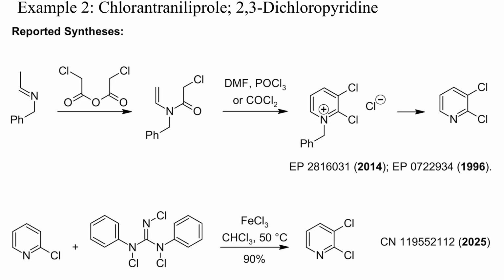Finally, the best synthesis would be the direct regioselective chlorination of 2-chloropyridine. One recent patent claimed this to be possible with trichloroisocyanuric acid and iron trichloride as chlorinating reagents. Usually, however, chlorination of 2-chloropyridine yields 2,6-dichloropyridine.